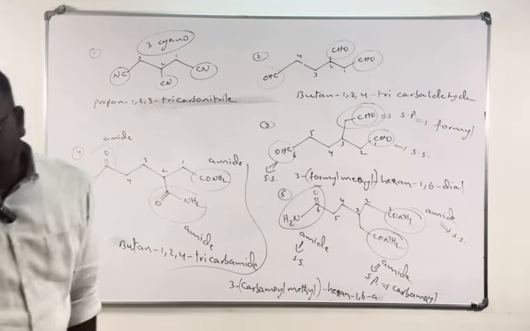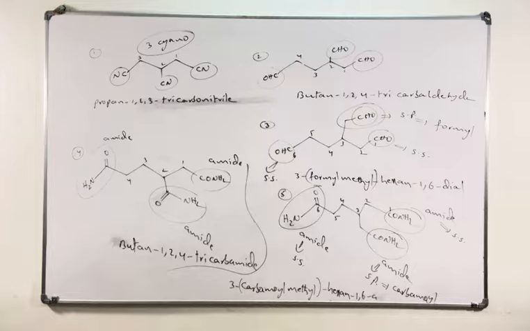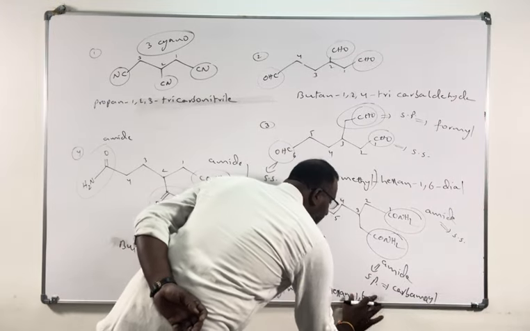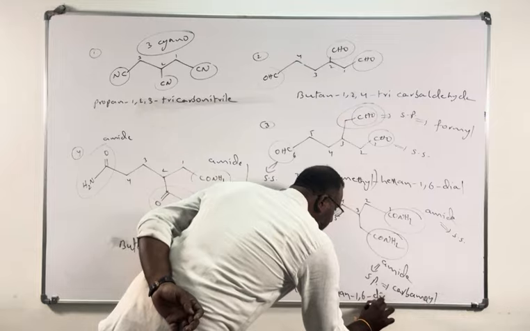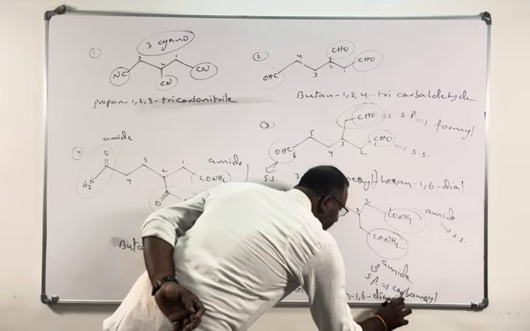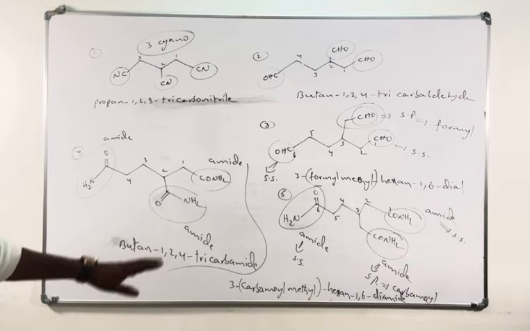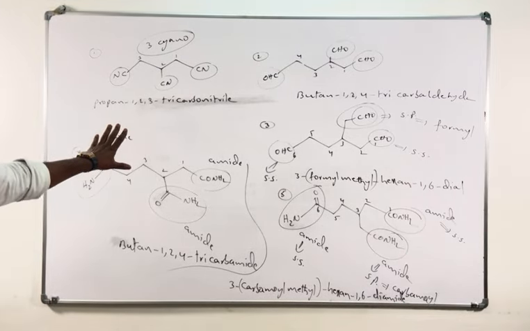No need to write carbamide, it is directly amide: hexane diamide, 1 comma 6 diamide, hexane 1 comma 6 diamide. This is the IUPAC name for these molecules.